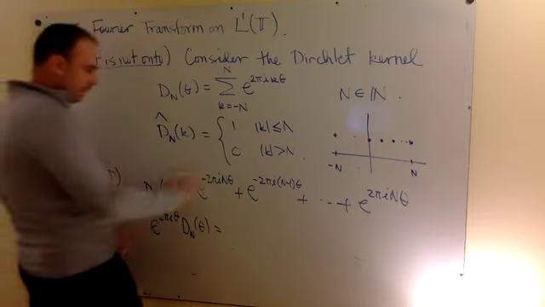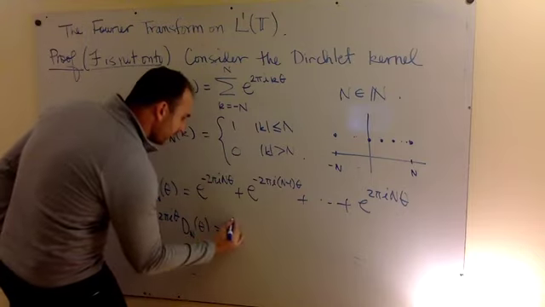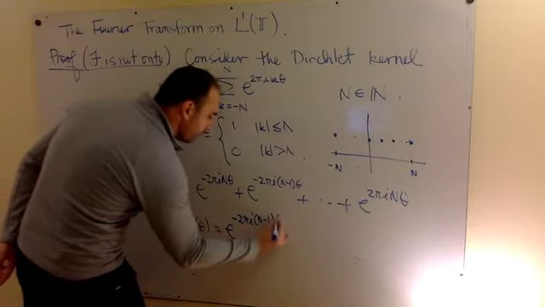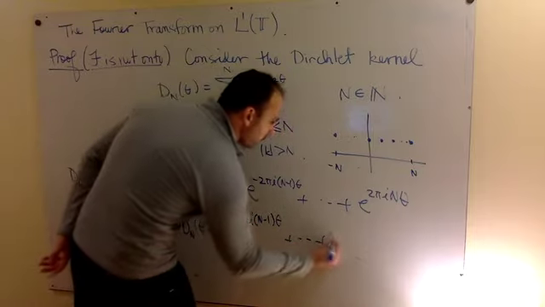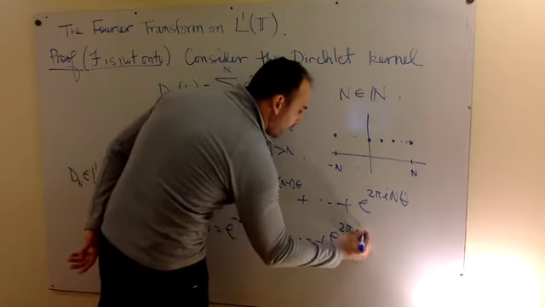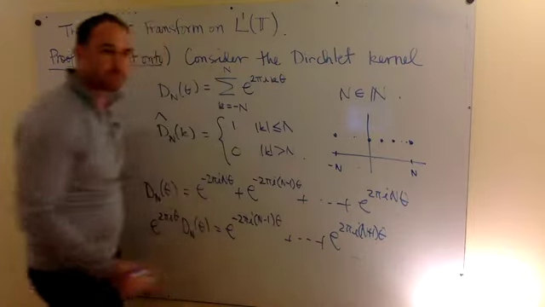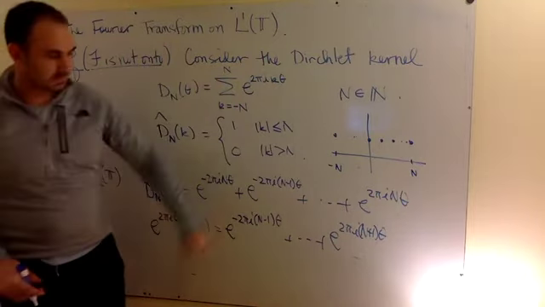So if I do this, when I multiply this in, what I get is e to the minus 2 pi i (n minus 1) theta plus ... plus e to the 2 pi i (n plus 1) theta. I pick up an extra term. Okay, so multiplying this just shifts the index.